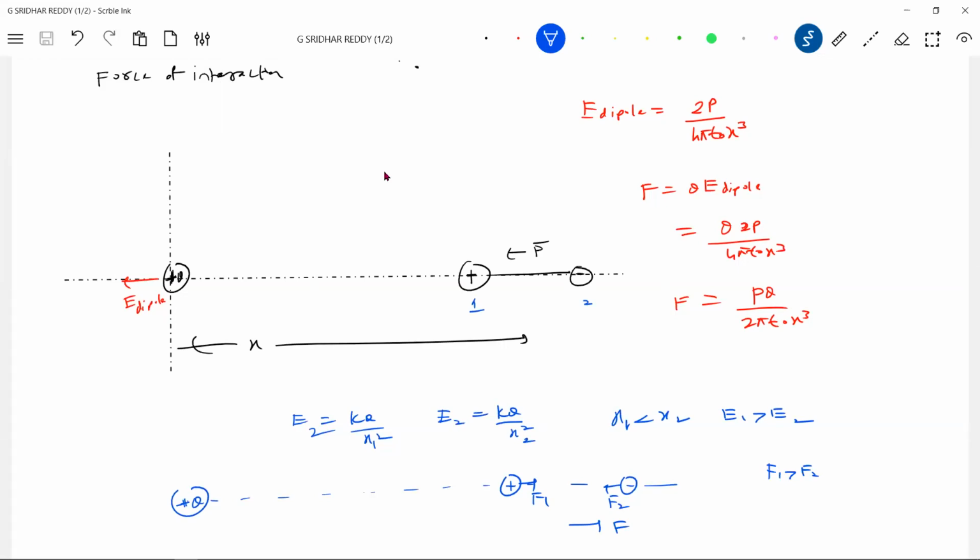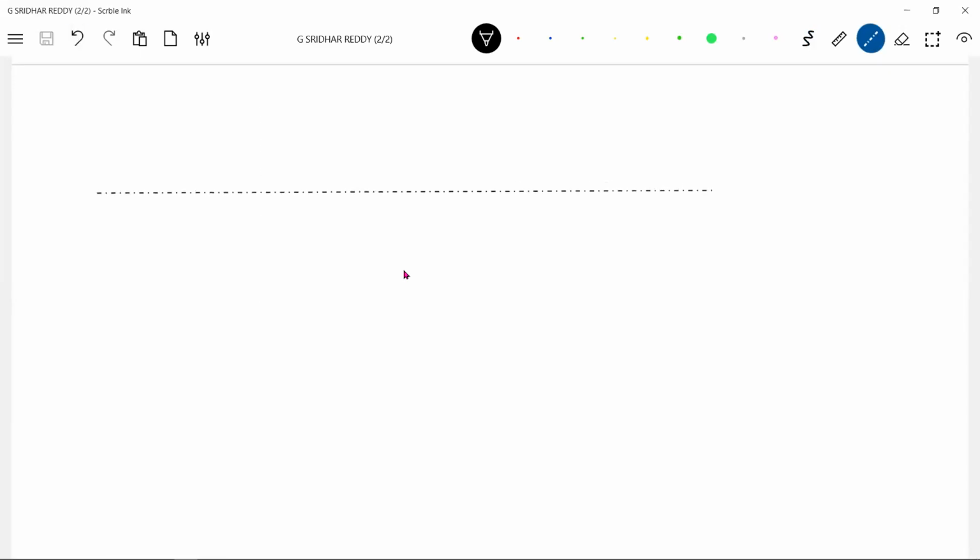Okay, so now the concept will extend to two dipoles. Now, if there are two dipoles, we have to calculate the force of interaction between these dipoles.